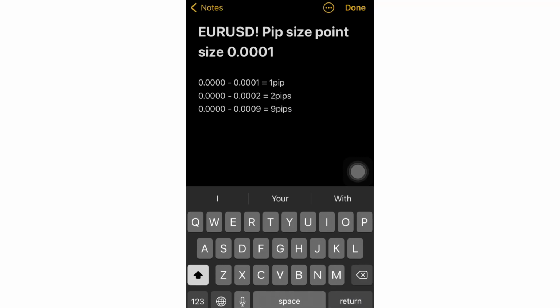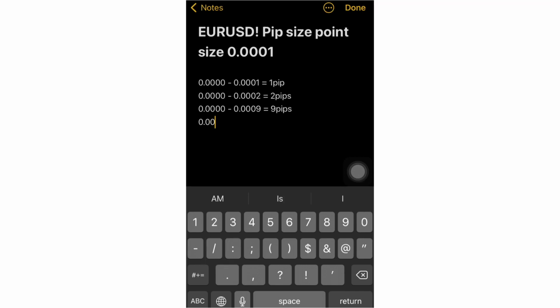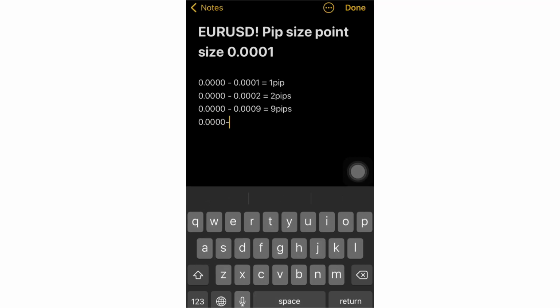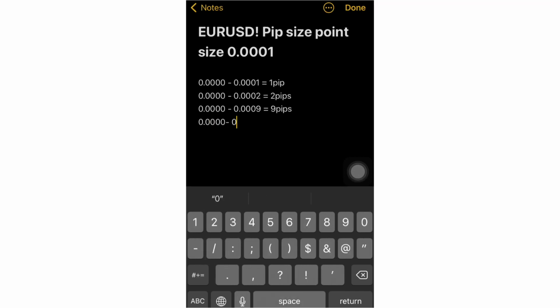Now, let's take it to a 10 pip movement. Can you see? A 10 pip movement will be 0.0010. This is a 10 pip movement, guys.